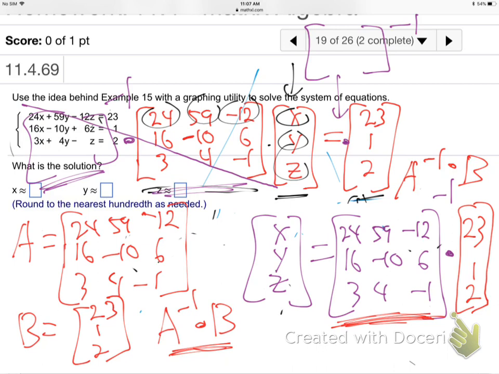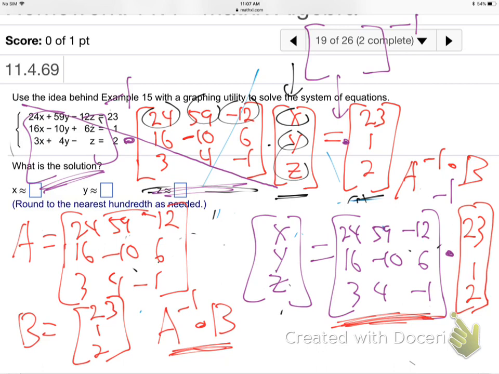So let's do that. Put that in, and decimals, right? Yeah, I think, yeah, hundredths. So decimals. And you'll get X, Y, and Z, all three answers in one step. So go to edit. Type in matrix A, 3 by 3, 24, 59, negative 12. Remember, you've got to enter each matrix separately.